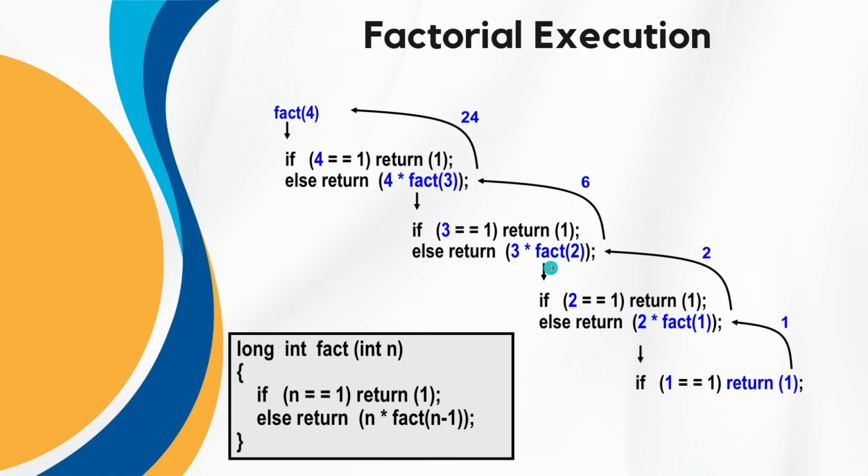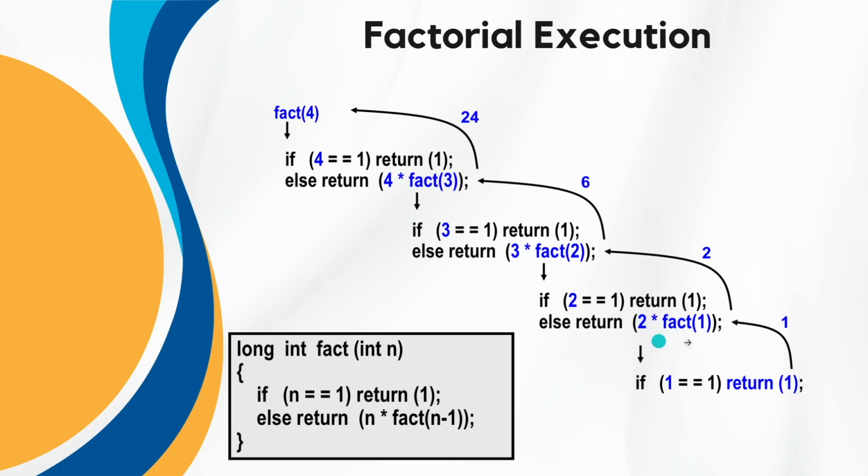So now there is a call to the function fact with 2 as argument. Once again a call to function fact will be made. Now we come across this statement, we check whether 2 is equal to 1. It is false. So we move to the else part. There we have the statement 2 star fact of 1. So now also the function cannot return, just because computation is incomplete.